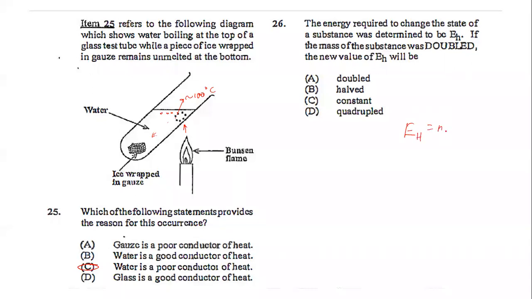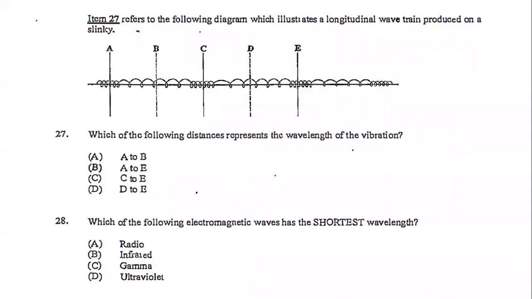Basically, if we double this value, if we double this one here, so that's 2 m, we expect that the EH value is also going to be doubled. All right, so the answer there is going to be double, which is E. Good, so we go to 27.